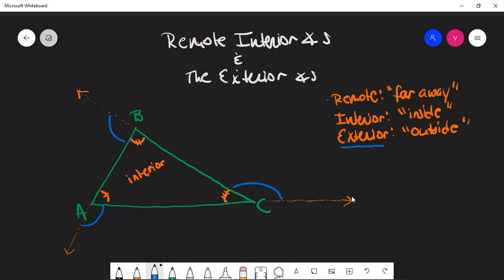So the remote interior angles, in other words, for this exterior angle here, you add up the 2 angles which are farthest away on the inside of the triangle, namely A and B, these 2 right here. Those 2 are the farthest away on the inside. So this angle on the outside is equal to if you were adding up A and B from the inside.